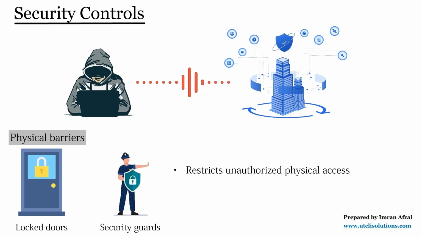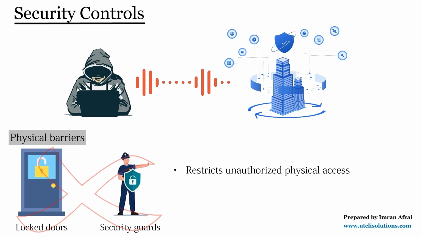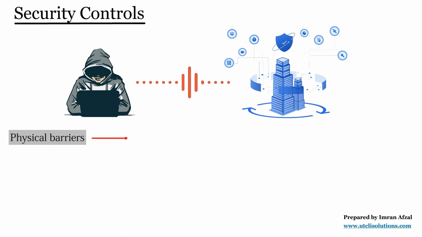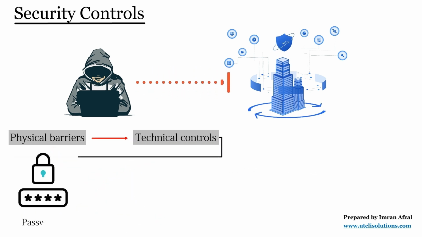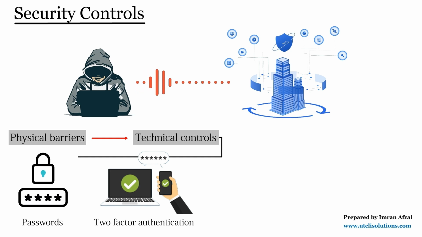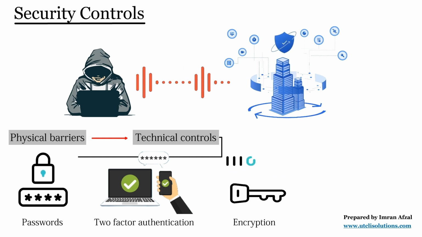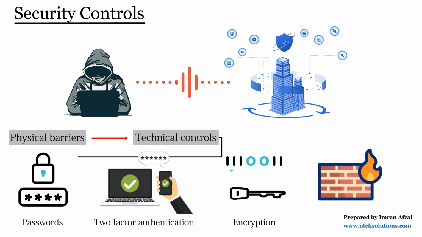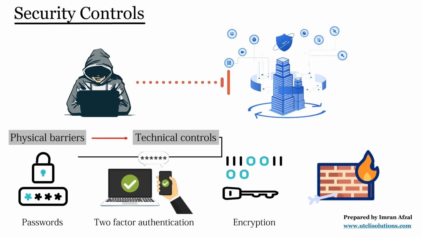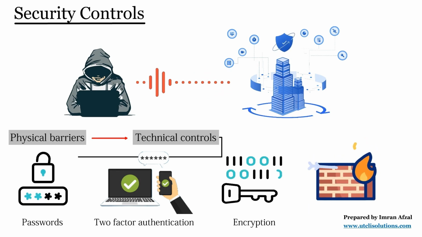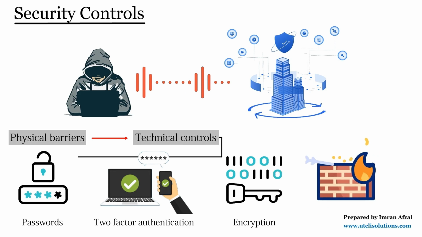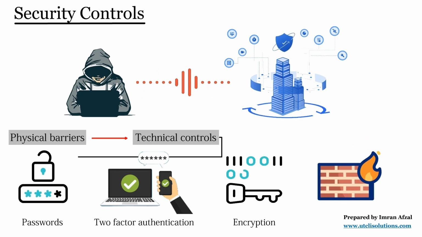access the organization's premises. Well, if they manage to bypass physical security and access the sensitive systems, they then face technical controls like passwords, two-factor authentication, and encryption. Well, firewalls are also used to block unauthorized access, and encryption ensures that stolen data is unusable without the decryption keys.